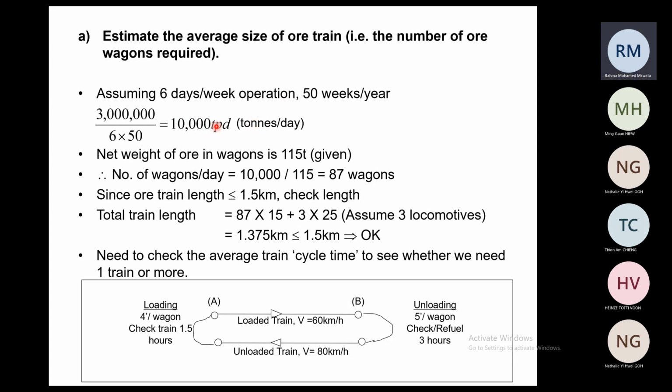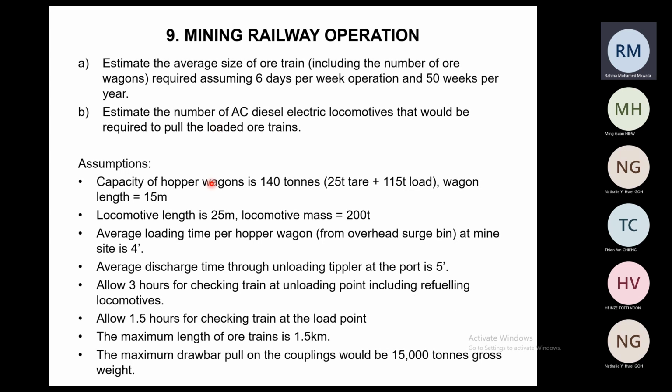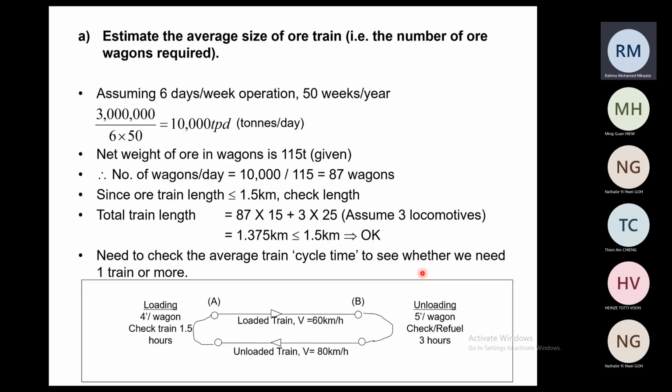You can see from the question earlier, average discharge time through the unloading tippler at the port. So the discharge is at the port. Every day you have to move 10,000 tons of material from the mining station to the port.